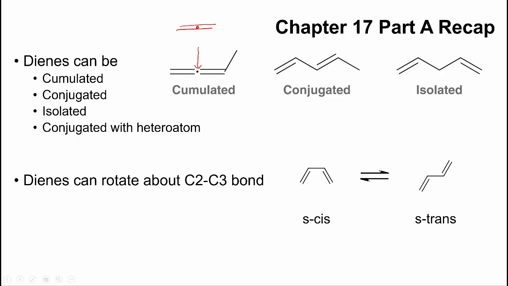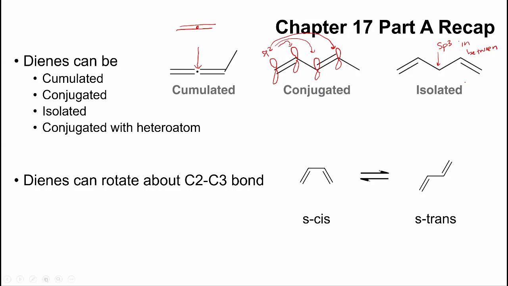You can have a conjugated diene, which means that there's double bond here, single, and then double. But if you look at the orbitals, these are all sp2. There's just that single one in between there. And then you can have an isolated double bond, which is one where there's a whole sp3 carbon in between. So you can have one sp3 in between or multiple, but there's going to be at least one there.